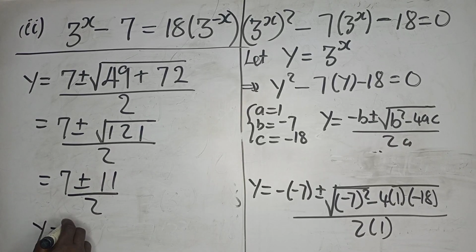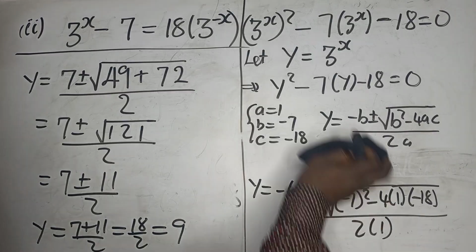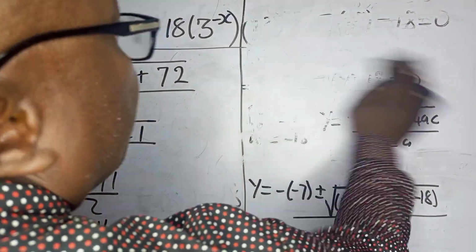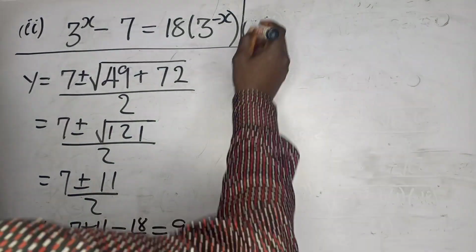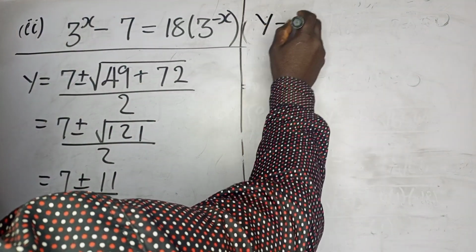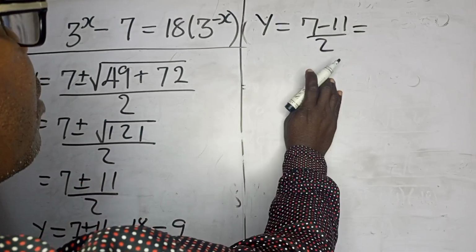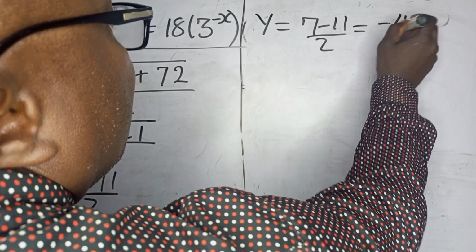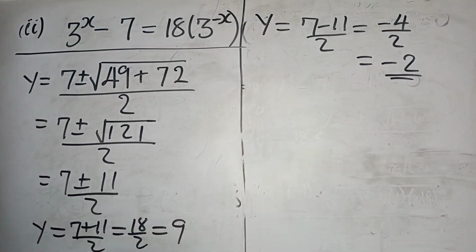So we either have y equals 7 plus 11 all over 2, which is 18 all over 2, which is 9, or we have y equals 7 minus 11 all over 2. 7 minus 11 is negative 4 all over 2. That gives us negative 2. Okay? All right, so we found values of y.